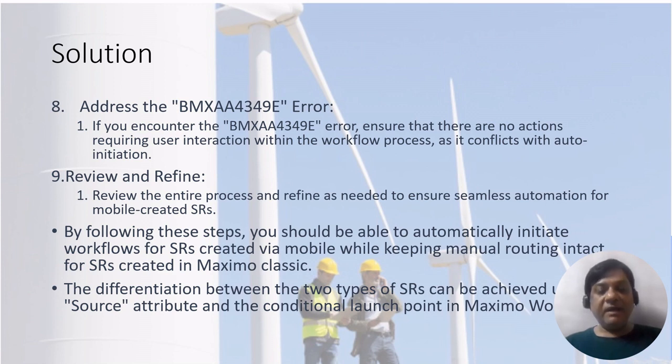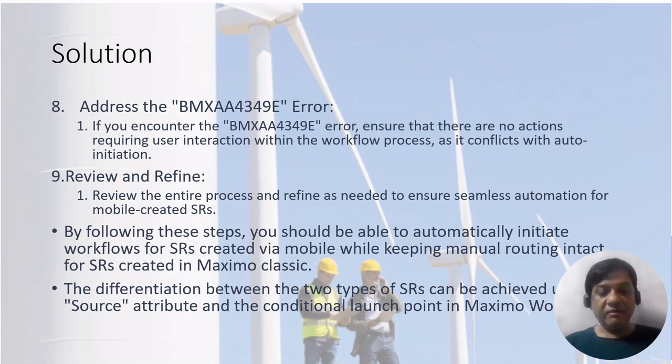Then you have to address the BMXAA4349E error. This error ensures that there are no actions requiring user interaction within the workflow process, as it conflicts with the auto initiation. We will see in detail what this error does and how we can solve it.